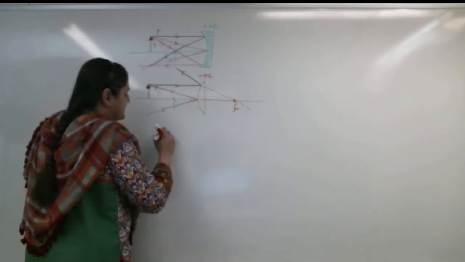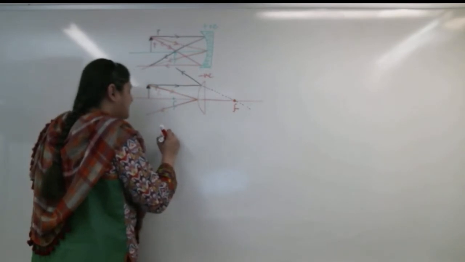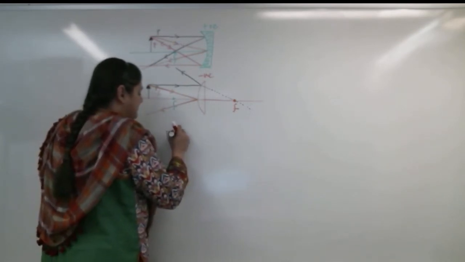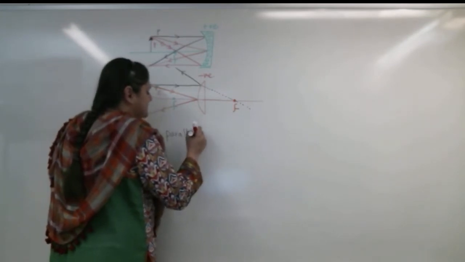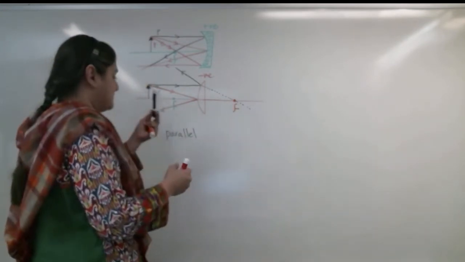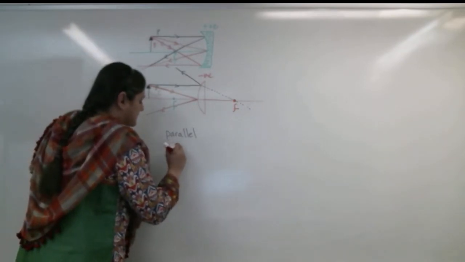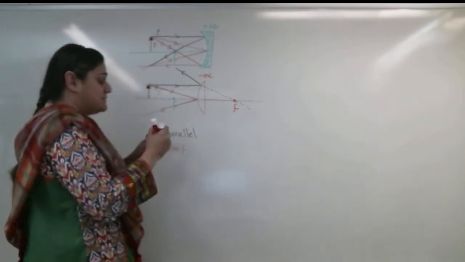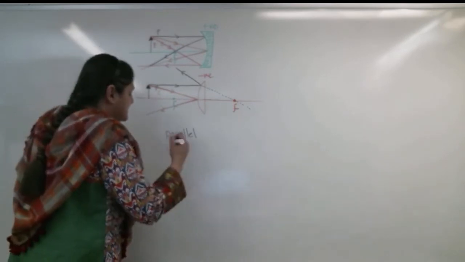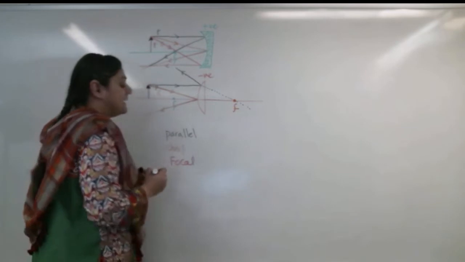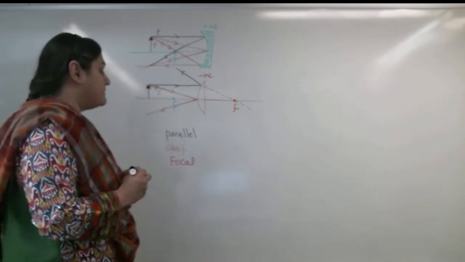My principal, actually I'm going to call it parallel, is going to be drawn with black. My chief ray is going to be drawn with orange. And my focal ray will be drawn by red.